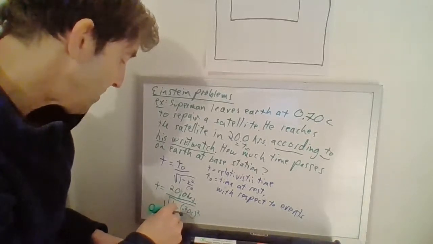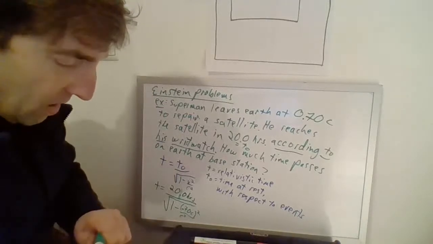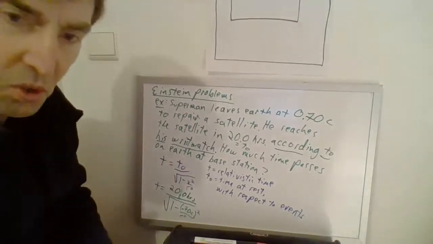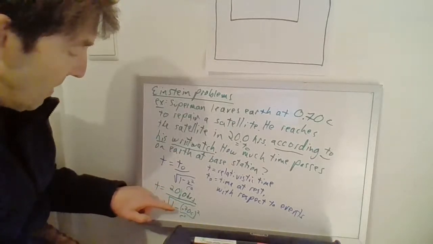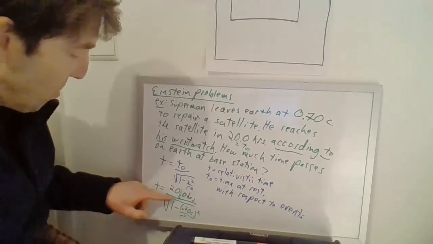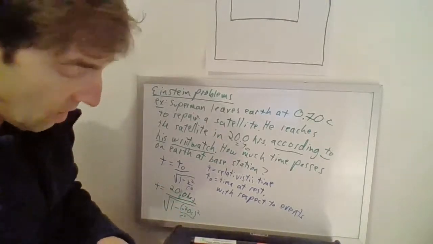Divided by C squared. So I got 20 hours divided by the square root of 1 minus 0.7 C quantity squared divided by C squared. Okay, so let's go to the top now.